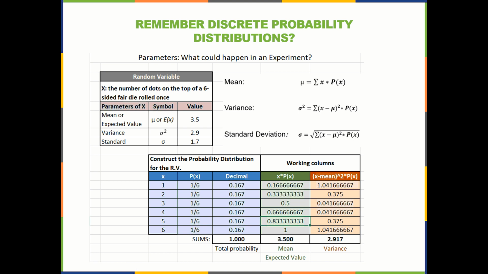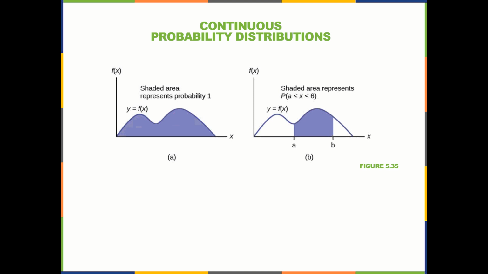Well, that's just not going to work anymore. We would never even be able to write down all the values that the random variable could be when it's on a continuous scale. So we won't be using tables anymore to represent a distribution of the probabilities. Instead, we'll be using distribution functions, which you might remember the concept of a function from algebra, where you would graph a curve that had a function, or you might think of it as an equation where you could plug in an x value and get back a y value.